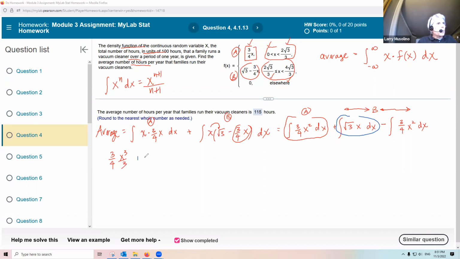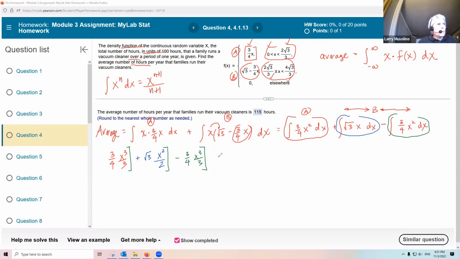This is going to be the square root of 3 x squared over 2. And let me do this last part here. This is going to be 3/4 x to the 3 over 3. And of course, I have to evaluate each one of these per the limits that are given to us. I'll plug those in just a second.